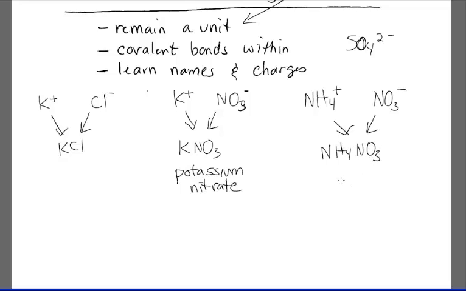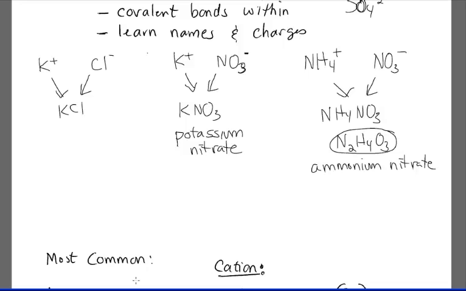You could write it a different way, N2H4O3, but we're going to write it the first way, and it is ammonium nitrate. You simply put the polyatomic names together. The reason we're not writing it the other way is that it's not obvious that it's this set of polyatomic ions.